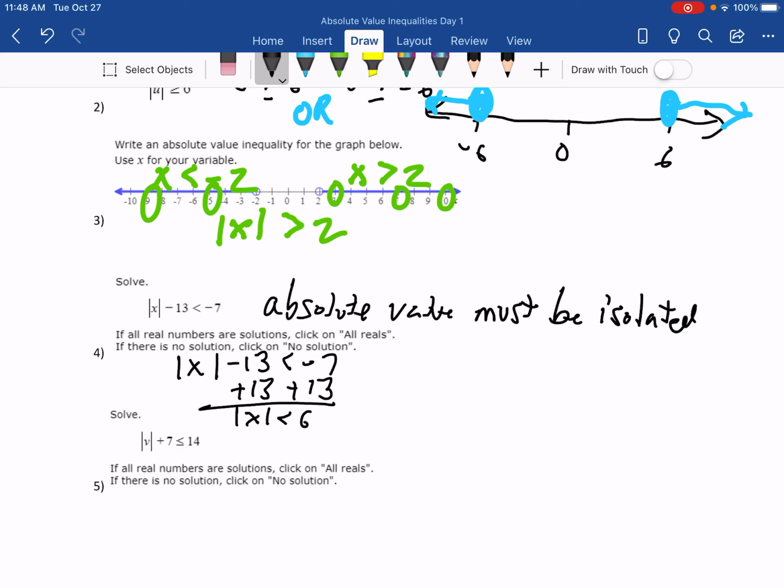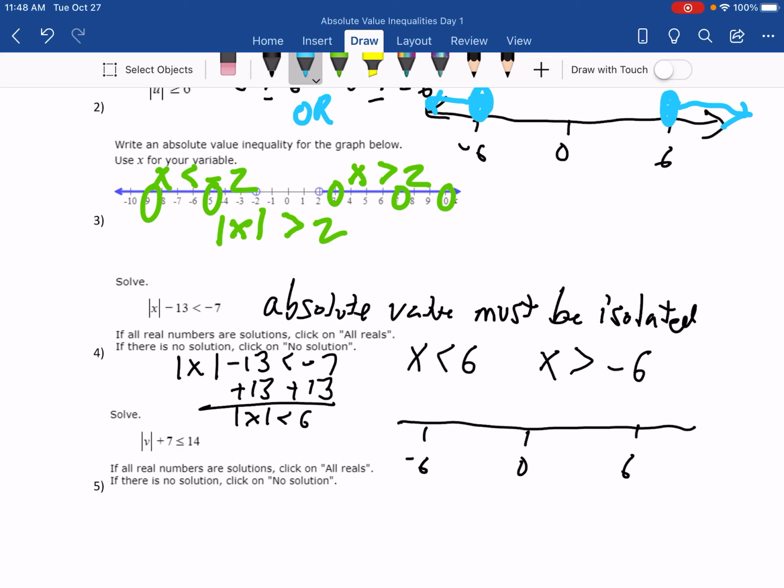Then we'll remove the bars, make our positive and negative. So that'll be x less than 6, x greater than -6. Let's do the graph. 0, 6, -6, and less than 6 goes left. Greater than -6 goes right. So this is an AND inequality. It's going to go in between.